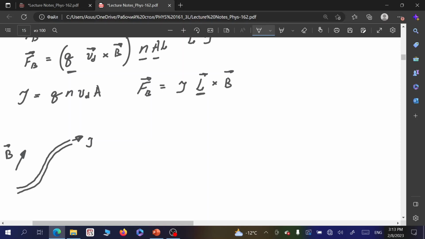What we can do is consider a segment of this conductor, like some small element, ds, and represent it also as a ds vector. In this case, dFB exerted on this small segment will be I times ds vector cross product B vector.